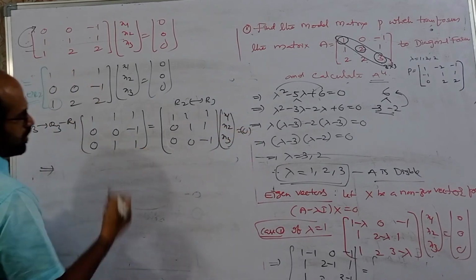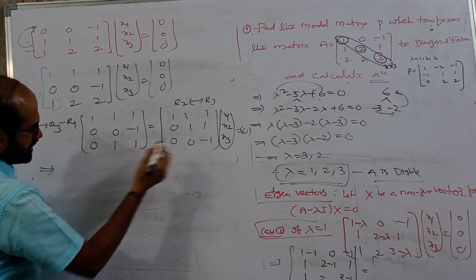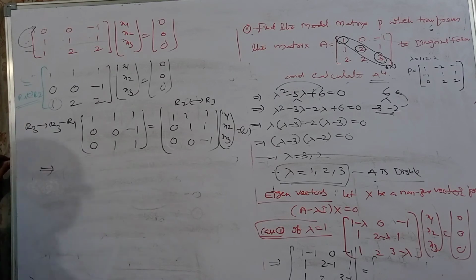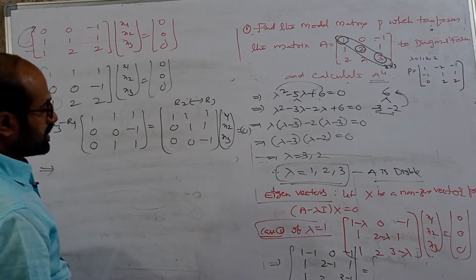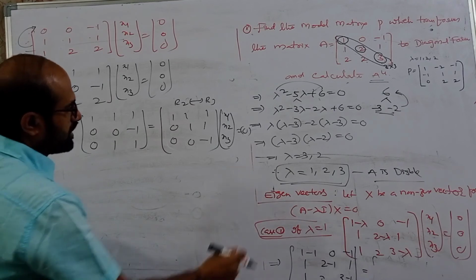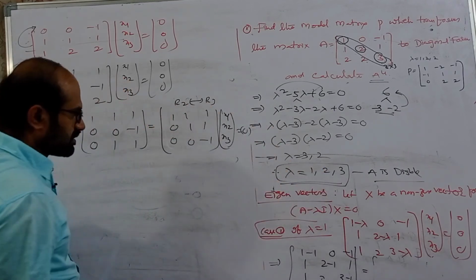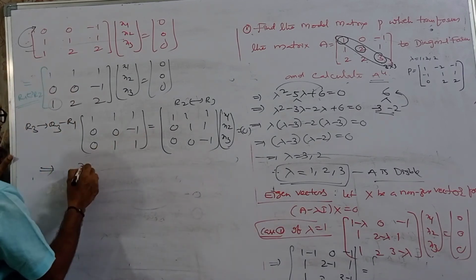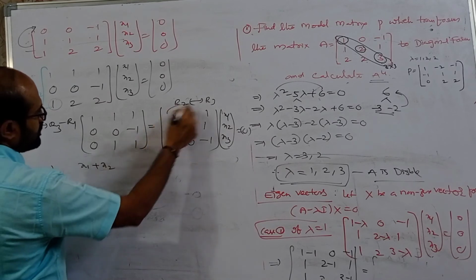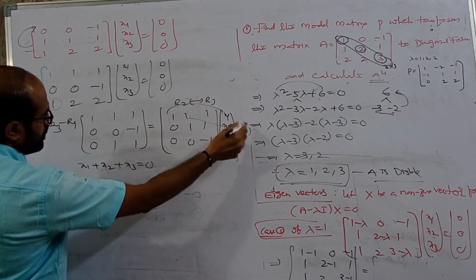So how can you find it now? See here, the rank of the matrix is 3. Now can you find the algebraic multiplicity? The algebraic multiplicity of 1 is 1, of 2 is 1, of 3 is also 1. Not necessary, but you can find it. Now to find this value: x1 plus x2 plus x3 equal to 0, and x2 plus x3 equal to 0.